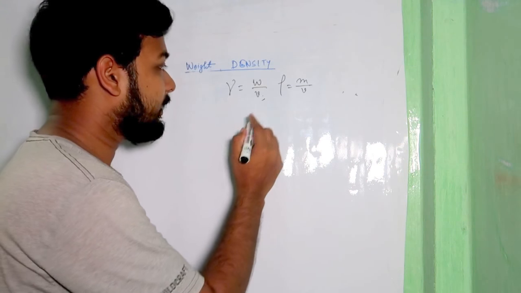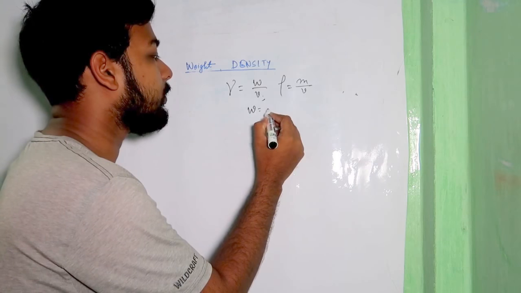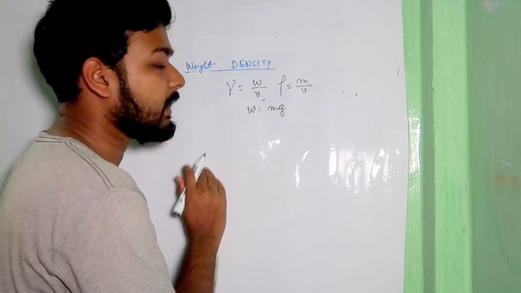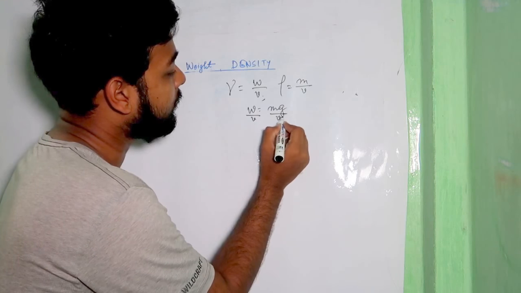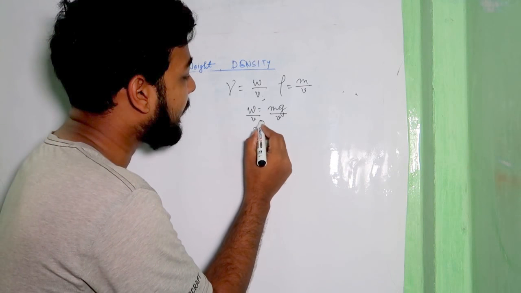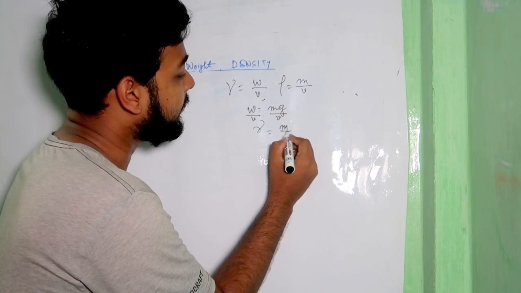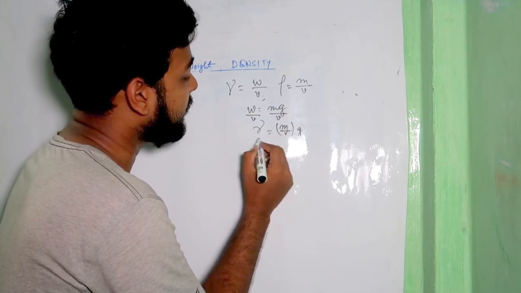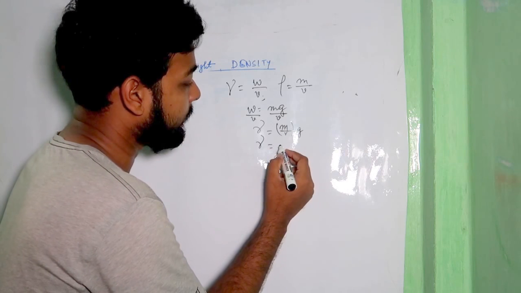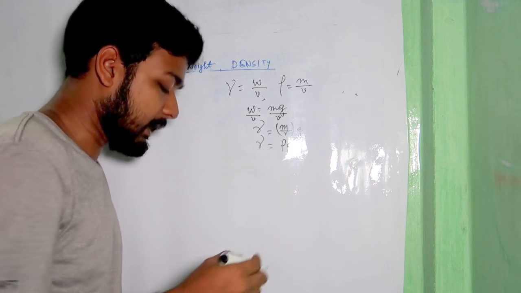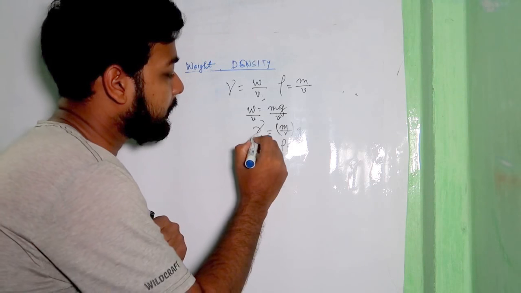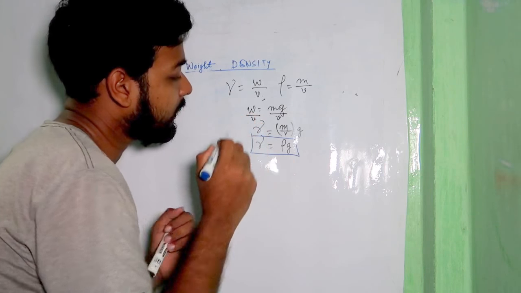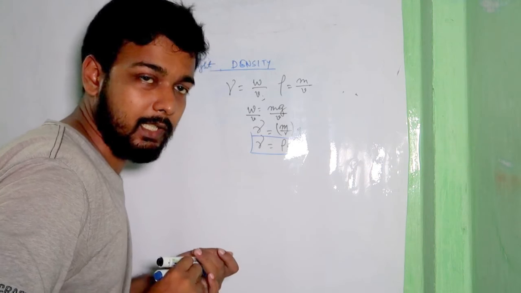But we know that weight equals m into g. If I divide by volume, then gamma equals m by v into g. So gamma equals rho into g. That is the relation between gamma and rho g.